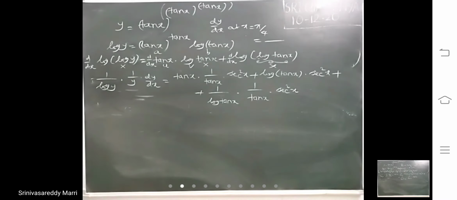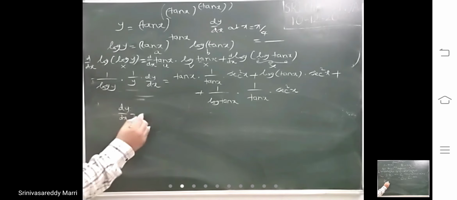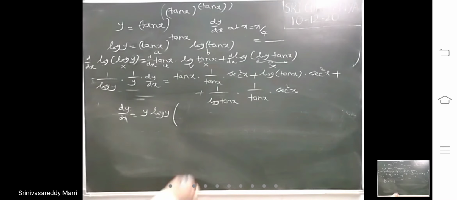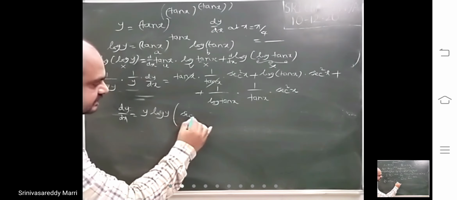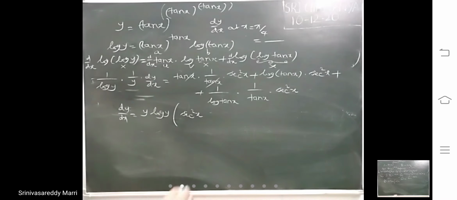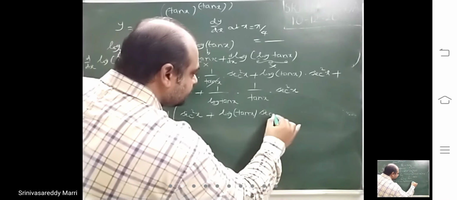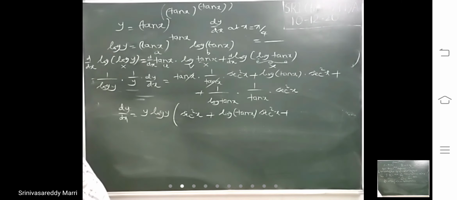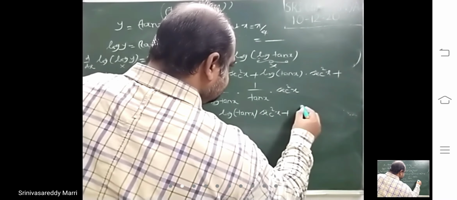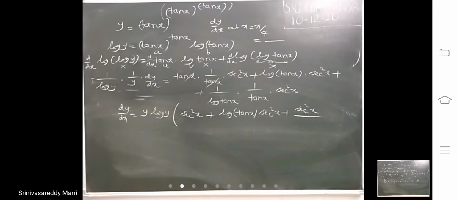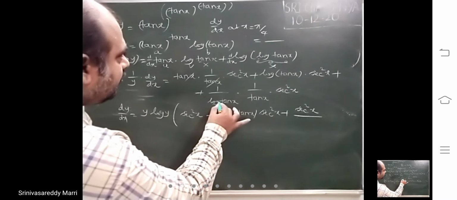Now dy by dx, bring this side, bring y into log y that side, so y into log y is nothing but tan x, cancel here, secant square x plus log of tan x, observe carefully, plus, if you look at here, so look at this, secant square x divided by log of tan x into tan x.